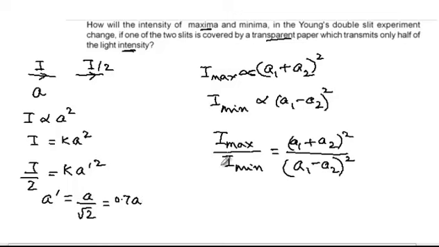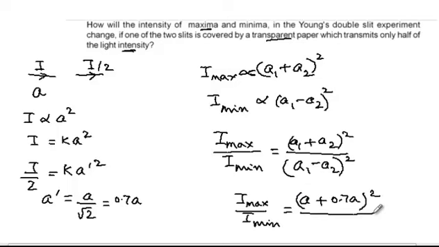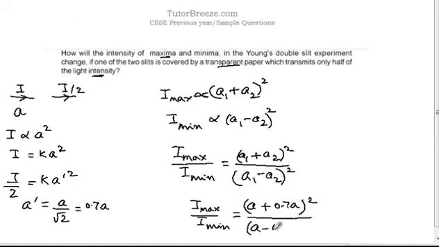So now if you look at the maxima and the minima, say one of the amplitudes is A, then the other would be 0.7 A, and they get subtracted at the minima. So you would have 1.7 A square over 0.3 A square.